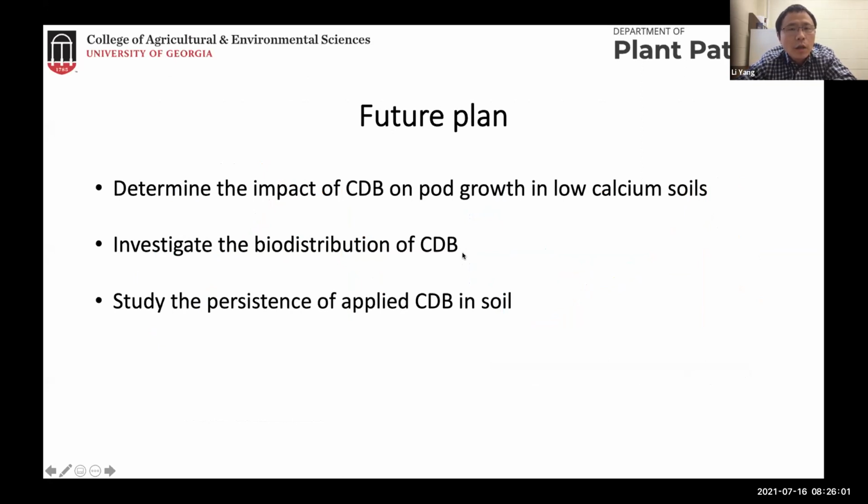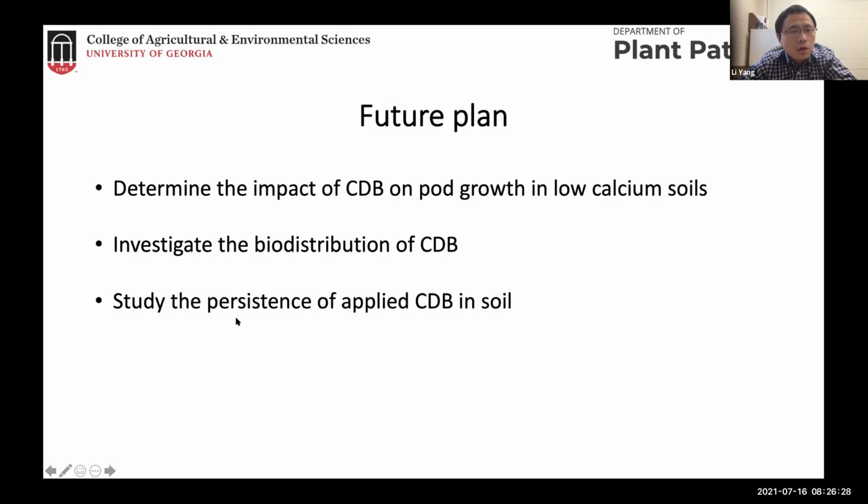With this, we are working on some future plans that will further our understanding of the role of CDB in soil. We're determining the impact of CDB on pod growth in low calcium soils. And we're also investigating the biodistribution of CDB. We want to know whether these CDB are associated with pod development or root development, or just in bulk soil.